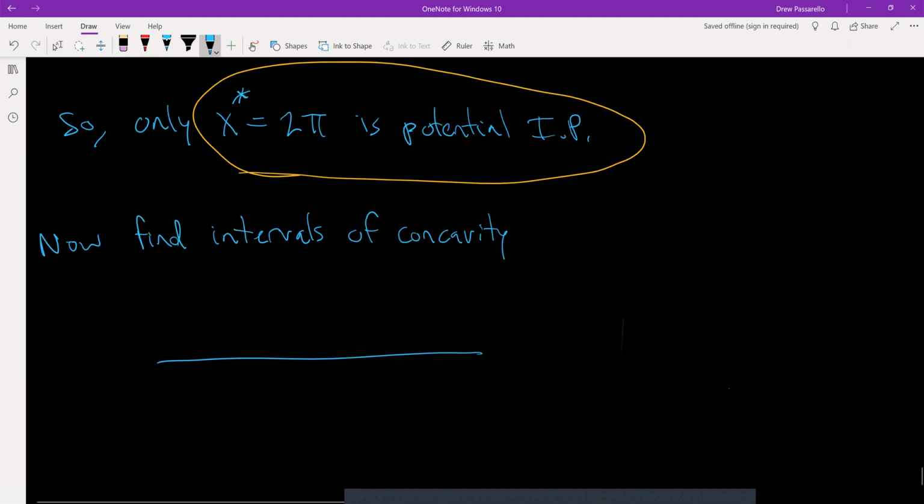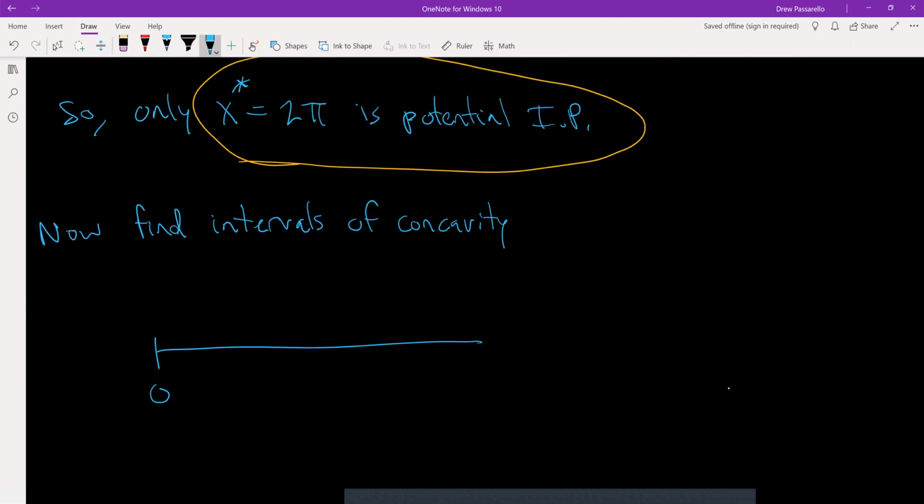So we go from 0 to 4 pi. So we have 0, 4 pi, so 2 pi in between that. And when we form our intervals of concavity, we also don't include the endpoints.